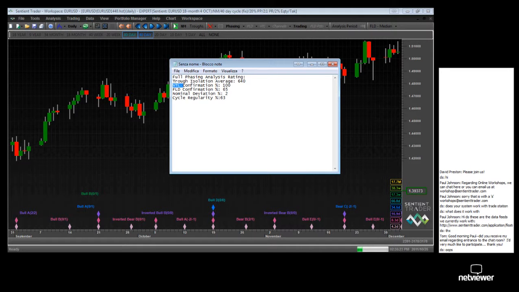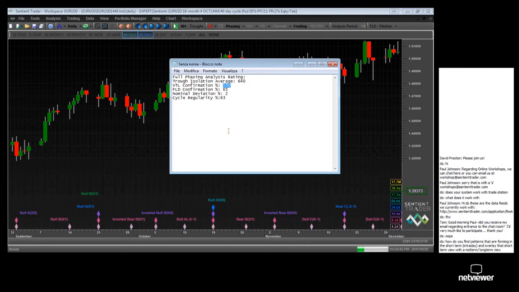Then it checks when price crossed that VTL, how often was the trough or peak that was confirmed as a result of the VTL correct? It's a VTL confirmation. So when a trough or a peak was confirmed by that VTL being crossed by price, how often was it correct?